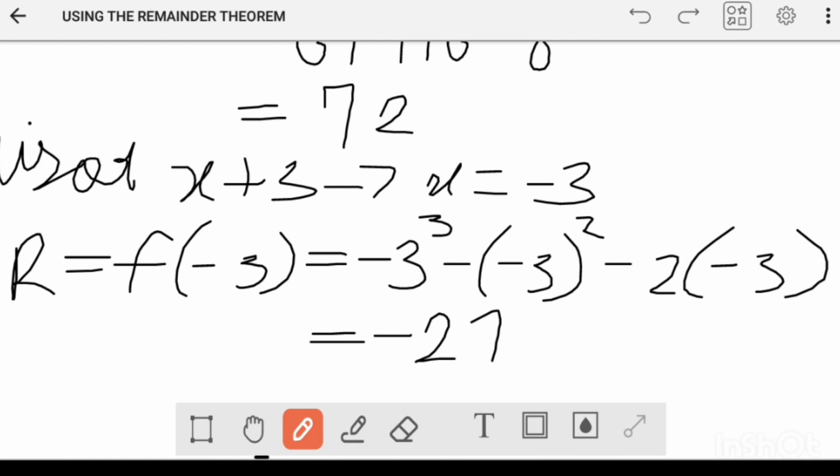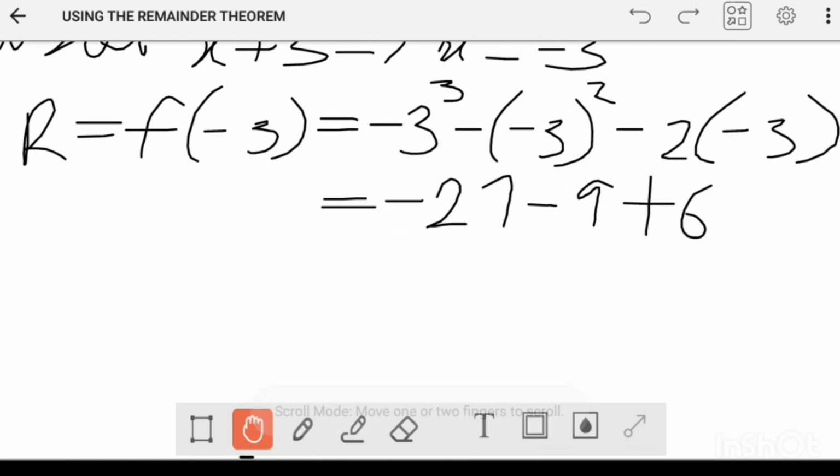Then minus 3 raised to power 2 is 9, multiplied by the minus sign here is minus 9. Also we have minus 2 times minus 3, which is plus 6.